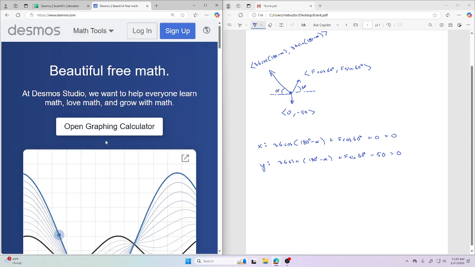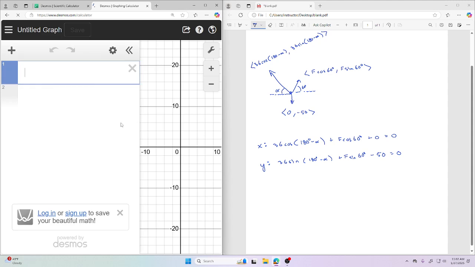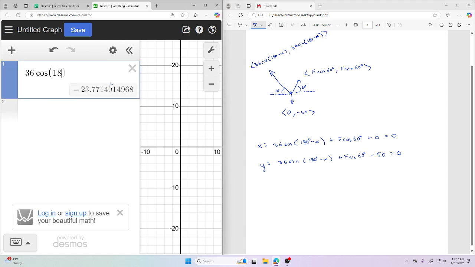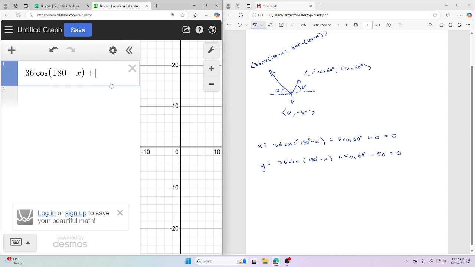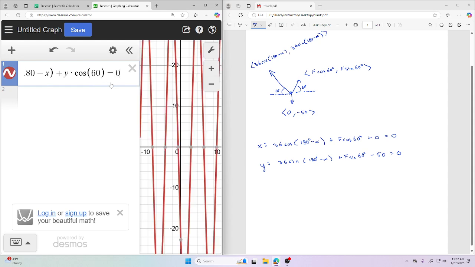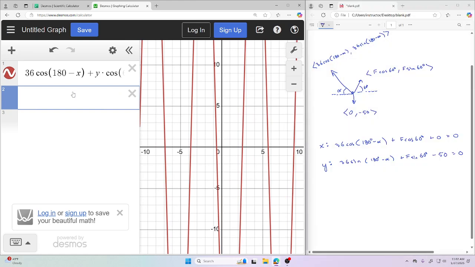So real quick, let's just get the answer, right? So graphing calculator, and I'm going to put both of these in. One thing we have to remember is that I have to use X and Y. The problem here is that it's all in radian mode, if you remember how this works. In graphing, you have to have radian mode.